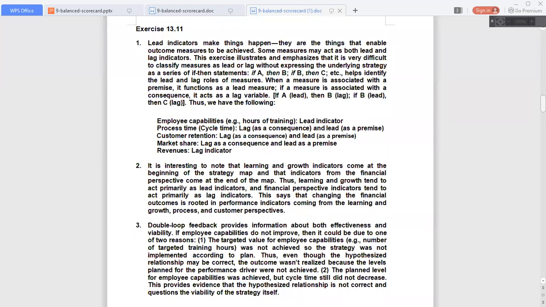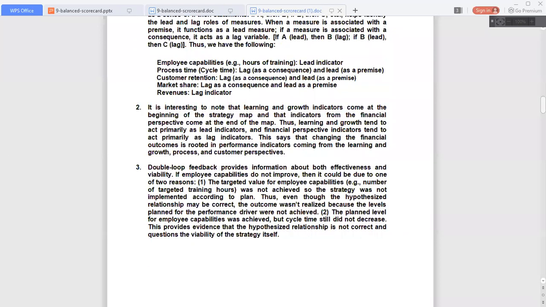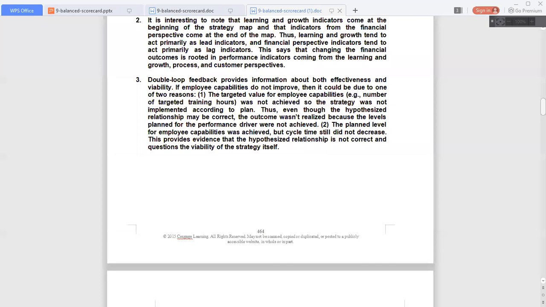Thus, learning and growth indicators act primarily as lead indicators, and financial perspective indicators tend to act primarily as lag indicators. This says that changing the financial outcomes is rooted in performance indicators coming from the learning and growth process and customer perspective.